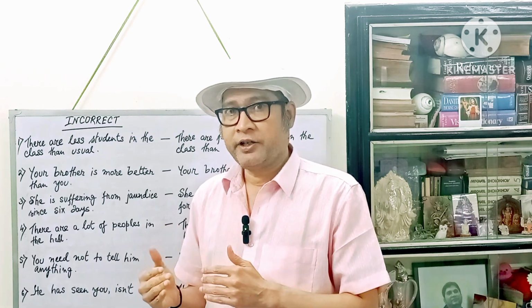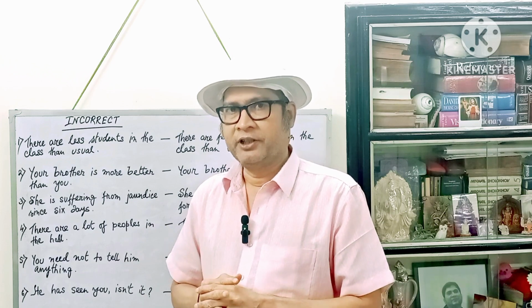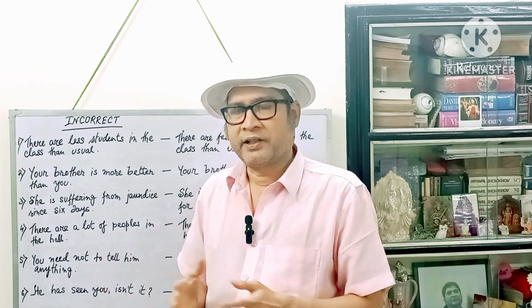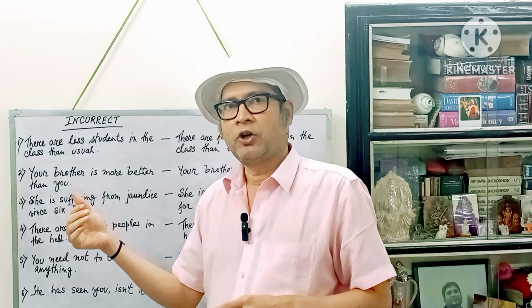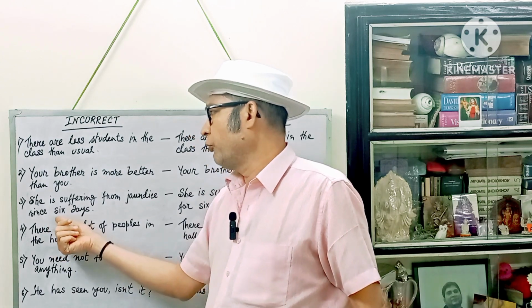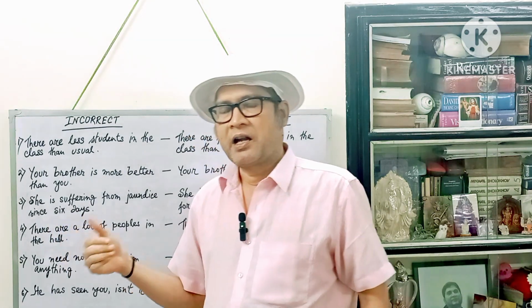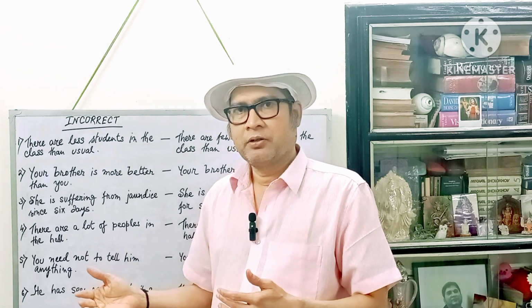But if the doctor is well versed in English, the doctor will feel that you don't know English. And that's why you are saying since 6 days or since 10 days, because since is not used before a number of days, a number of months, a number of weeks, a number of years. Okay?